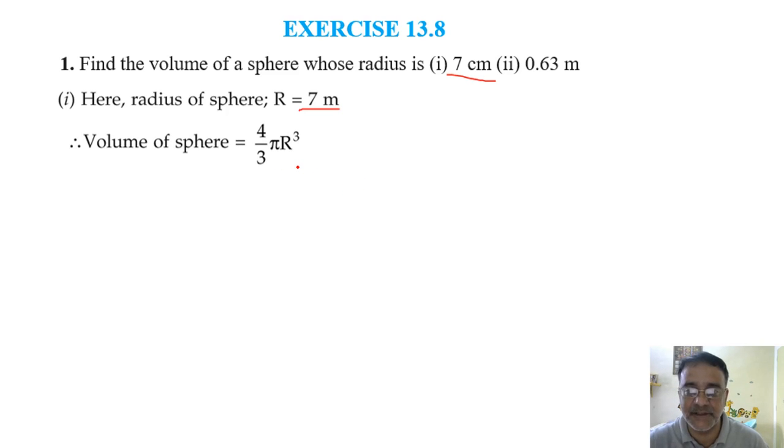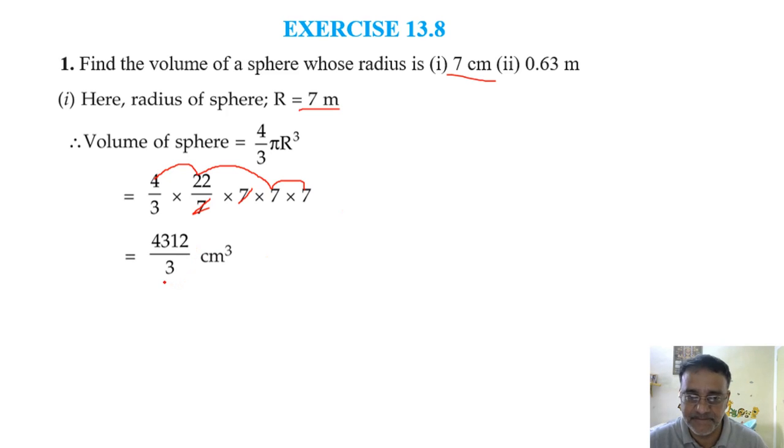Now we are going to substitute the values. So 7 is cancelled and nothing else cancels. So what we will do? We will multiply 4 into 22 into 7 into 7. So we will get 4,312 by 3.